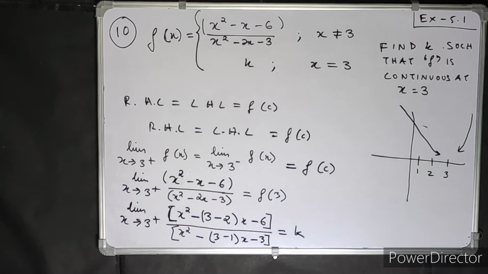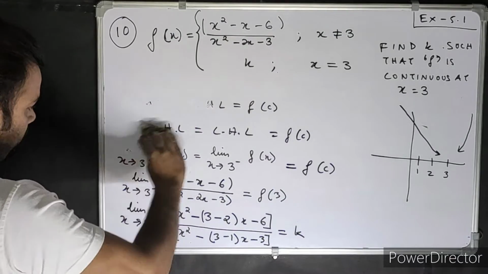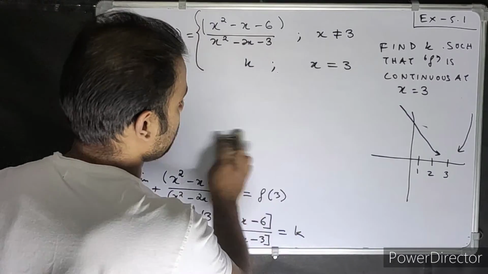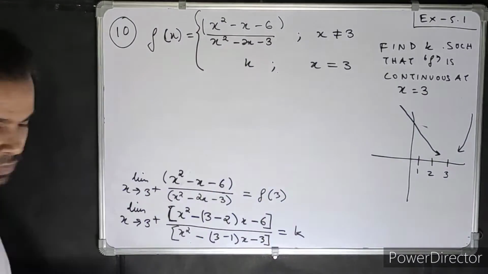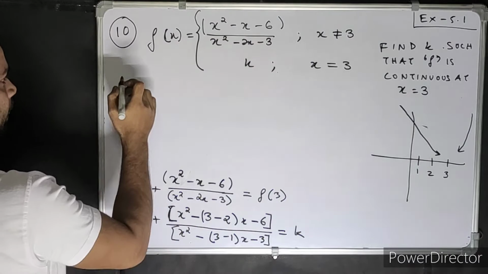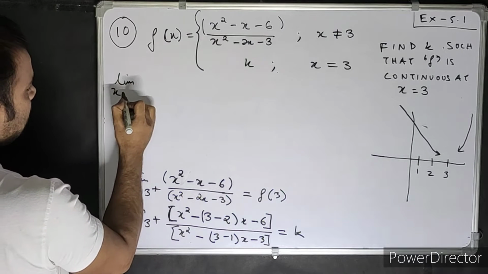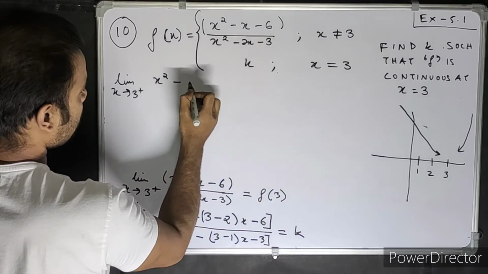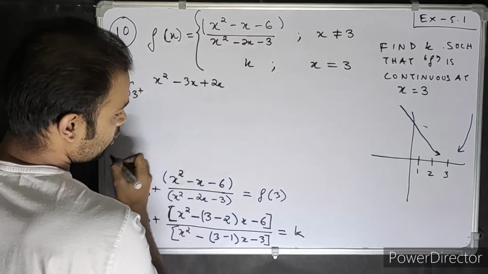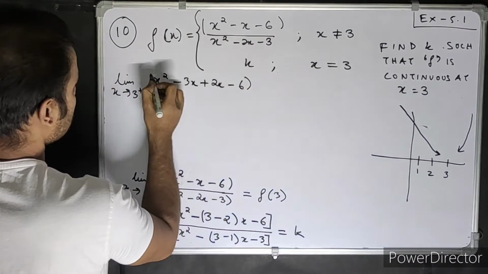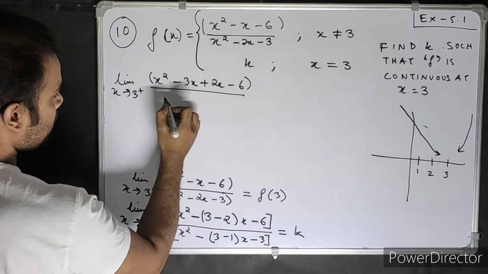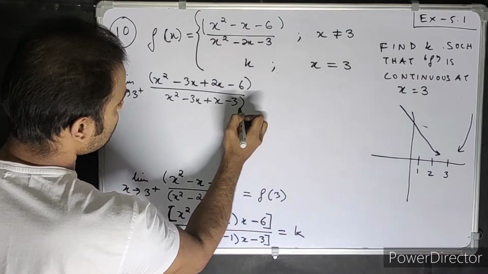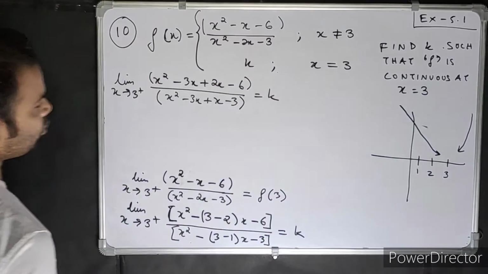Finally, limit x tends to 3 plus of x square minus 3x plus 2x minus 6, that's the first part, divided by x square minus 3x plus x minus 3. The second part equals k.